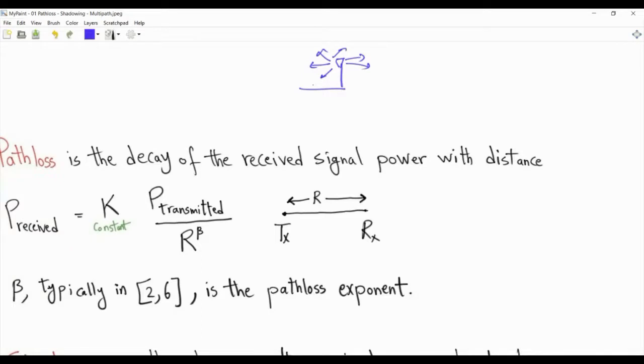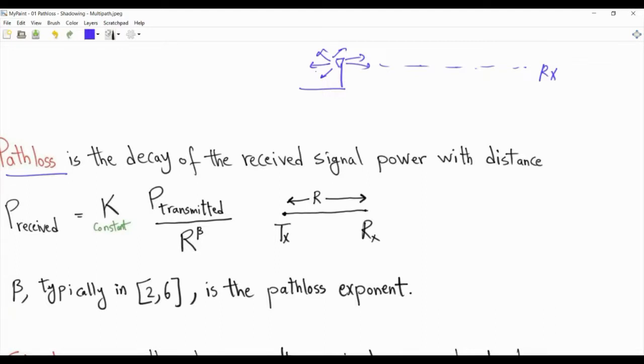Now, as the signal propagates away from the transmit antenna to some receiver, there is something called path loss, which means that the received power, if you put some receiver at some distance from the transmitter, will decay with the distance.